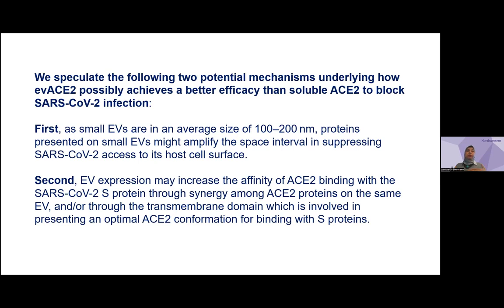And also the transmembrane domain, which is involved in presenting ACE2, might be presenting optimal ACE2 conformation for binding with the S protein, compared to the soluble form of the protein, which is a globular protein structure that might not be showing the receptor binding domains efficiently as compared to those of the exosomal ACE2 or vesicular ACE2.